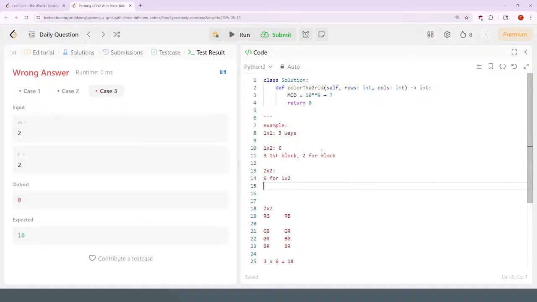And each of those 6 ways, so like green, green, red, red, blue, blue, green, red, red, green, green, blue, blue, green. Those 6 ways. No, that's definitely not it. They need to be different in color. So green, red, green, green, red, green, blue.